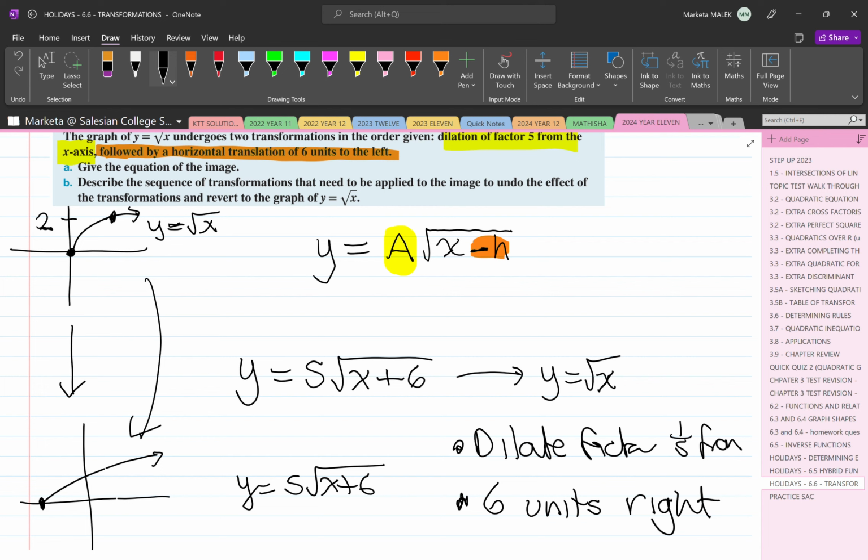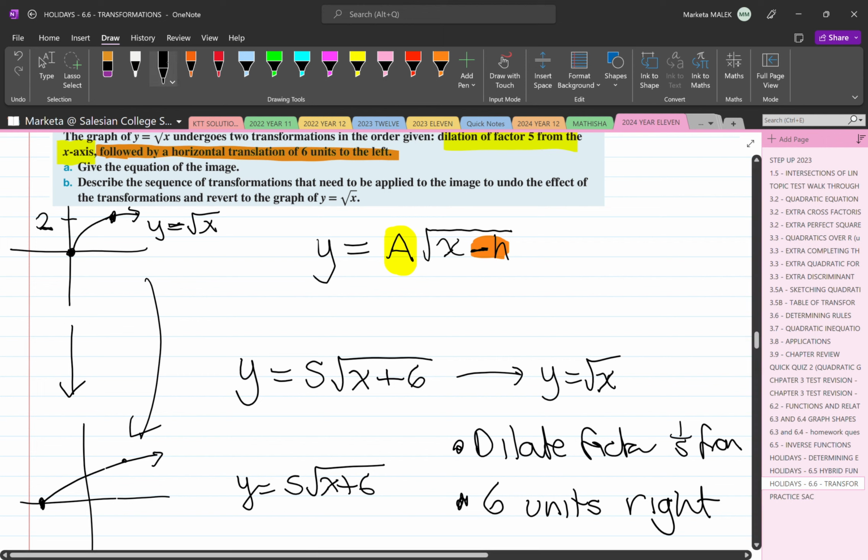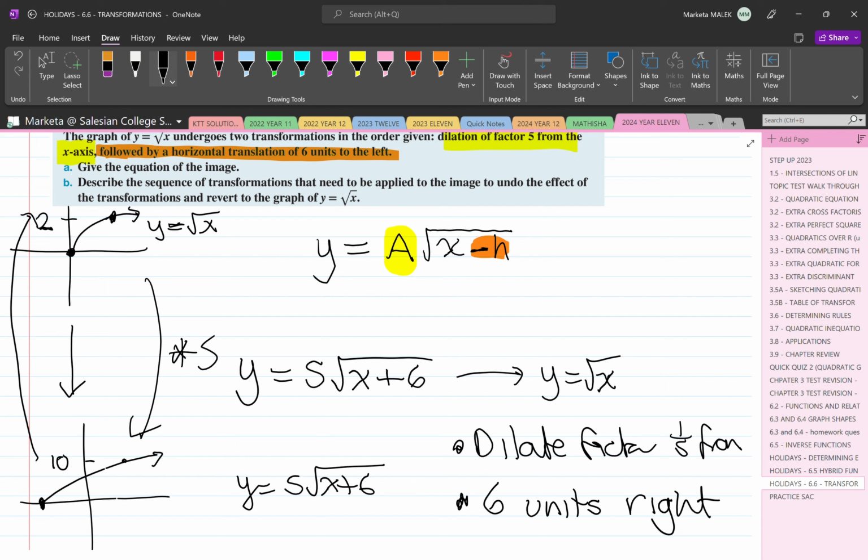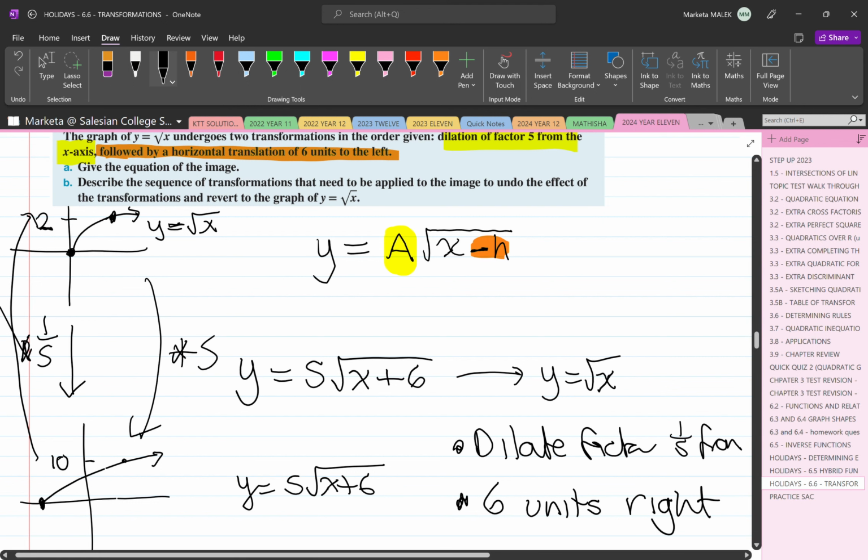And then we've multiplied each y value by 5, so now that same place is going to be a 10, so we've multiplied by 5. To get back to 2, we're dividing by 5 or multiplying by 1/5. And we always state the dilations in terms of a multiplication, not a division. So multiplying by 1/5 is the same as dividing by 5. So to go back, I've got to multiply by 1/5 to get back to where I was.